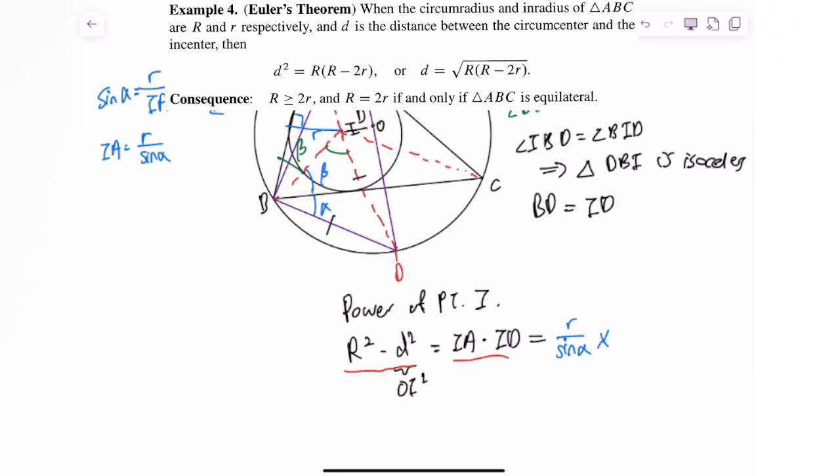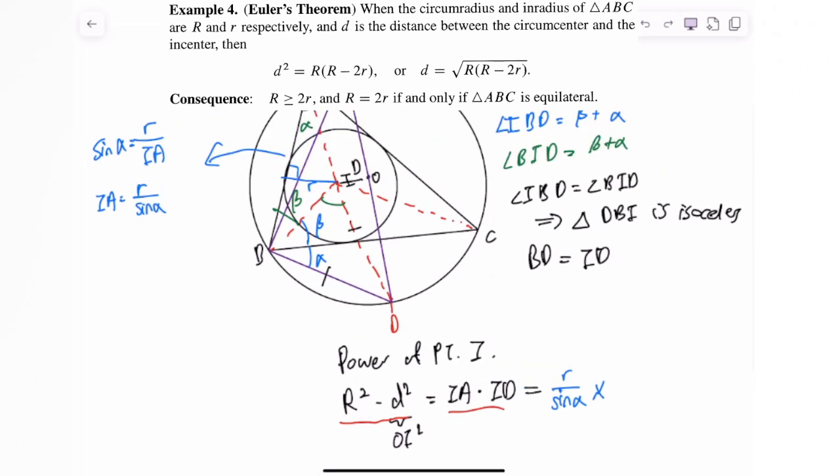Then we times ID. Now we take a look at ID. What is ID? Okay, so ID is this one, right? We know that ID is equal to BD because it's isosceles. Now let's look at BD. BD is a side on the triangle ABD, and this side BD has an opposite angle of alpha.